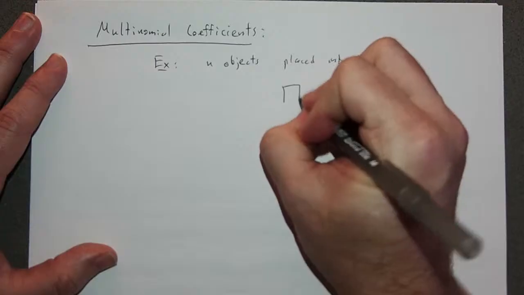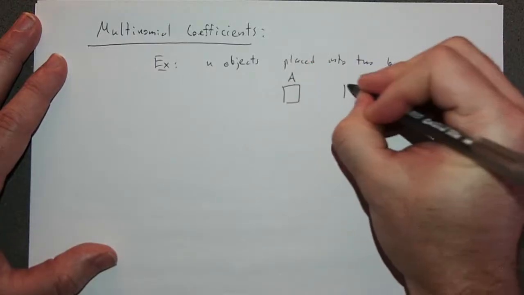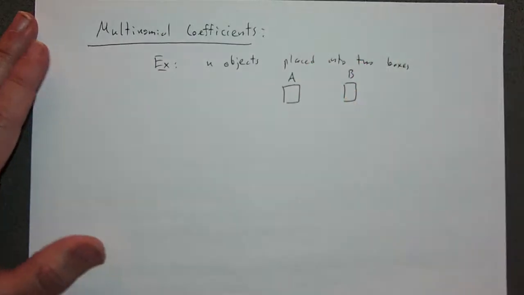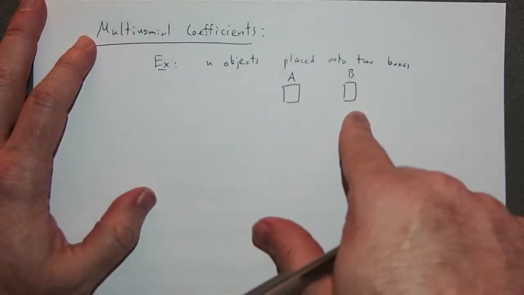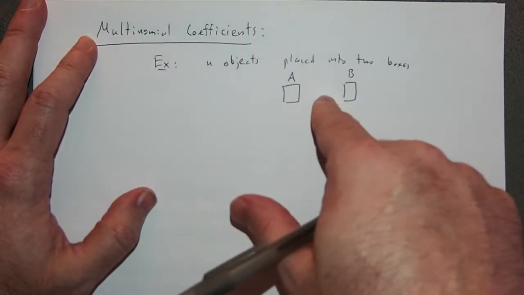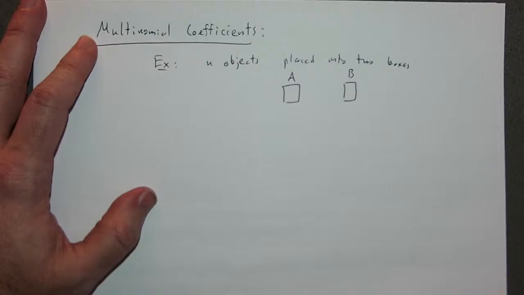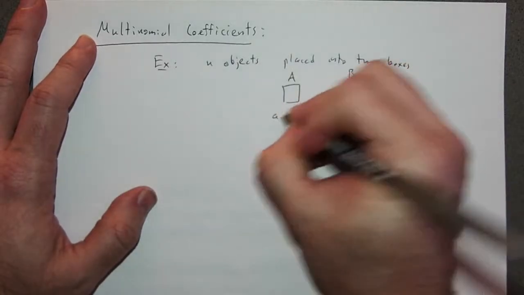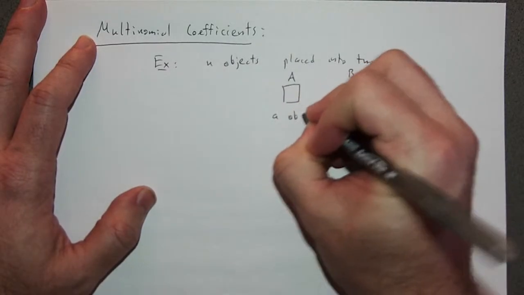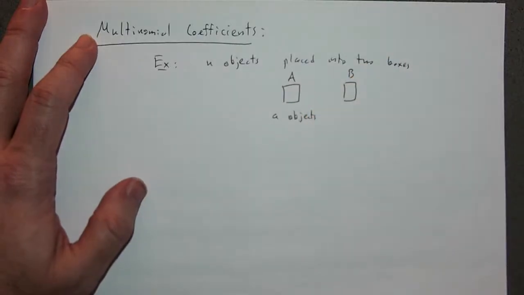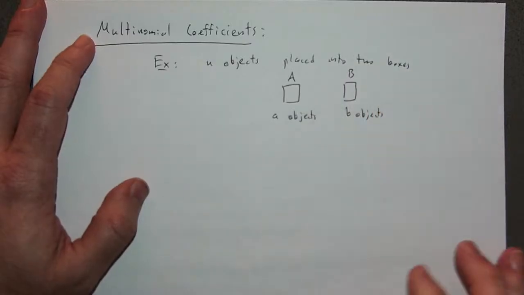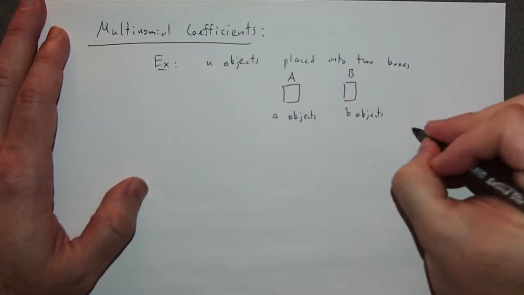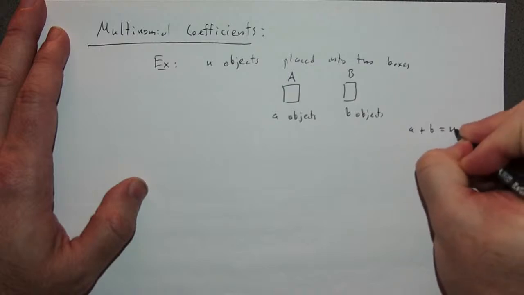We will call the first one box A, the second one box B. So n objects are placed into two boxes, box A or box B. Let's say that in box A I've placed lowercase a number of objects, and in box B I've placed lowercase b number of objects, and that this exhausts all of my objects, which tells me that a plus b is equal to n.